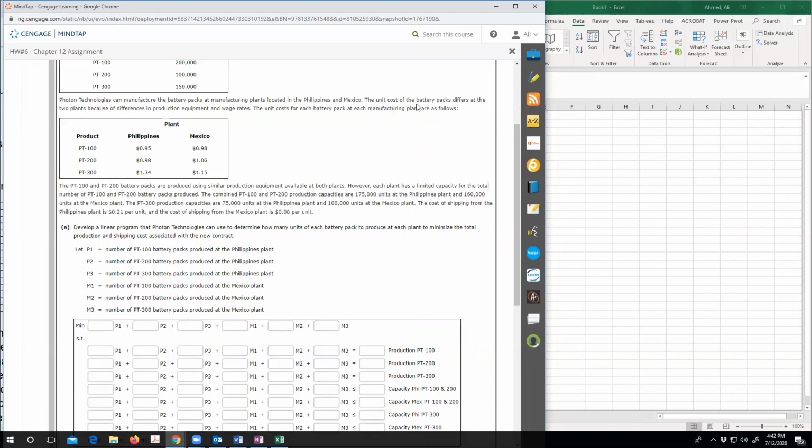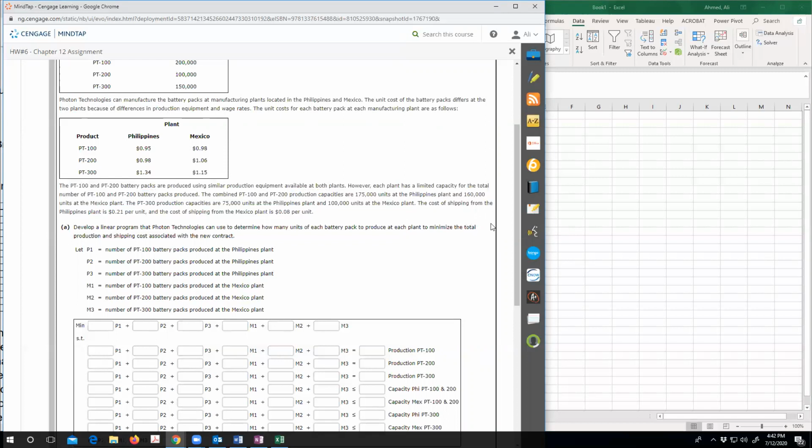The unit cost of a battery differs at two plants. Yeah, we got this part. Because of the wage rate, the unit cost of each battery at each manufacturing plant is as follows. So they have given us unit cost, and PT 100 produced using similar. They're talking about constraints.